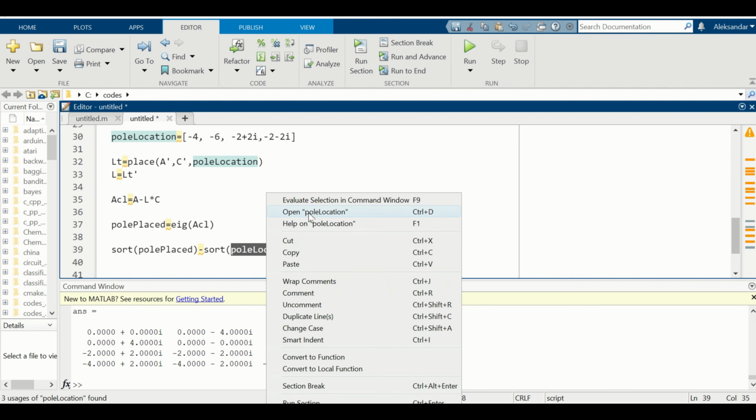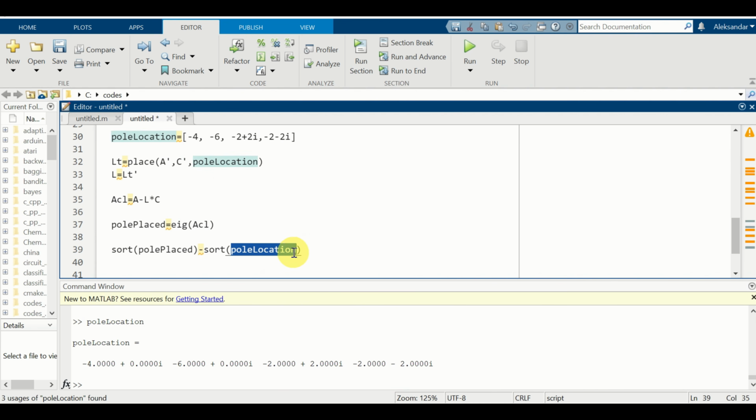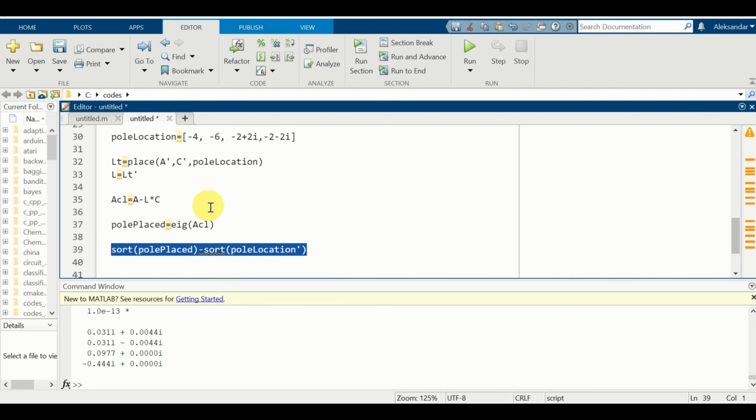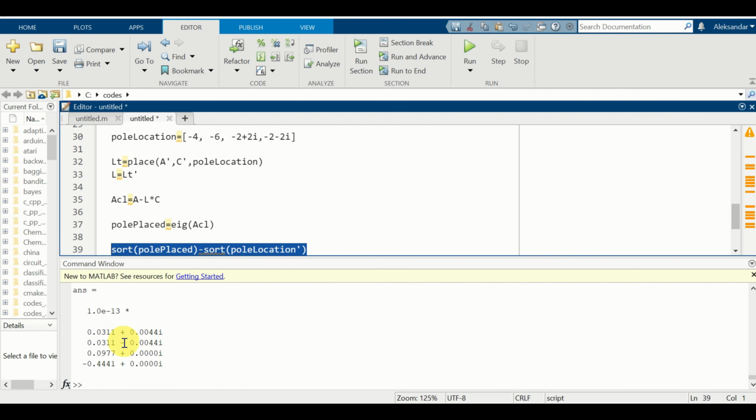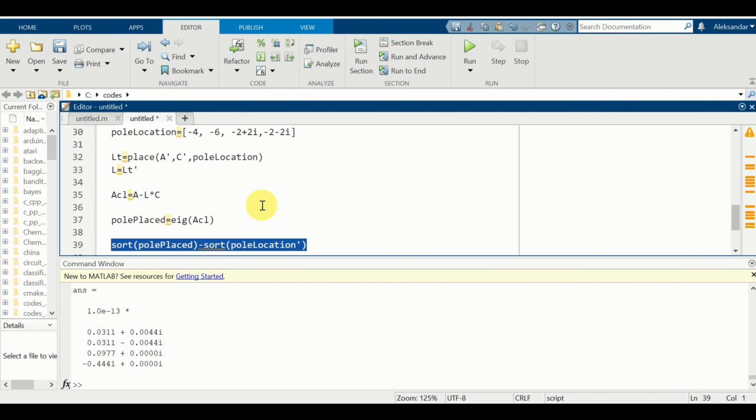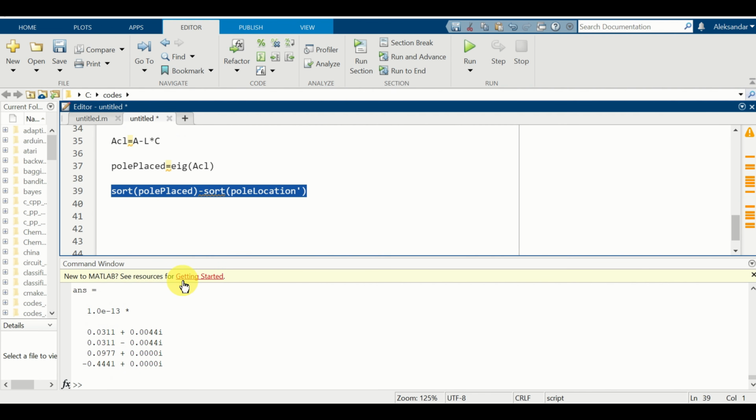We'll probably need to transpose one of these variables. Yes, we'll need to do this. And let's see now the difference. Okay, we can see that the difference is really small. This is very important to keep in mind. The difference is in the order of 10 to the minus 13, and that's almost the numerical precision.